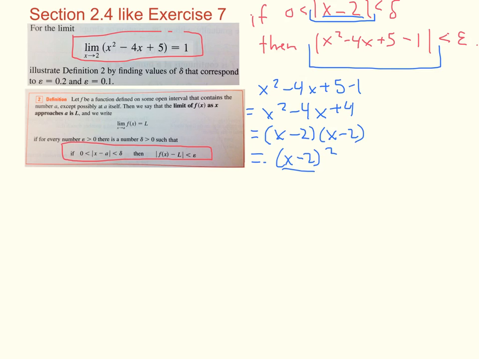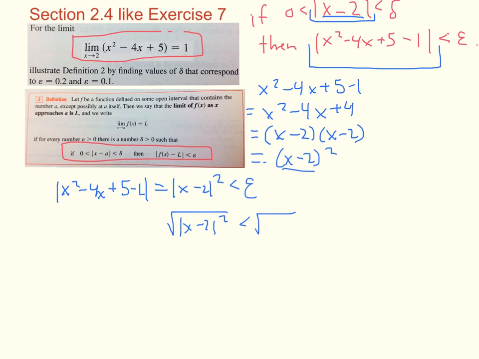So when I look at the absolute value of x squared minus 4x plus 5 minus 1, that is equal to the absolute value of x minus 2 squared. And this is supposed to be less than epsilon. Using our knowledge of algebra, we can take the square root of both sides. So the square root of the absolute value of x minus 2 squared is still less than the square root of epsilon.